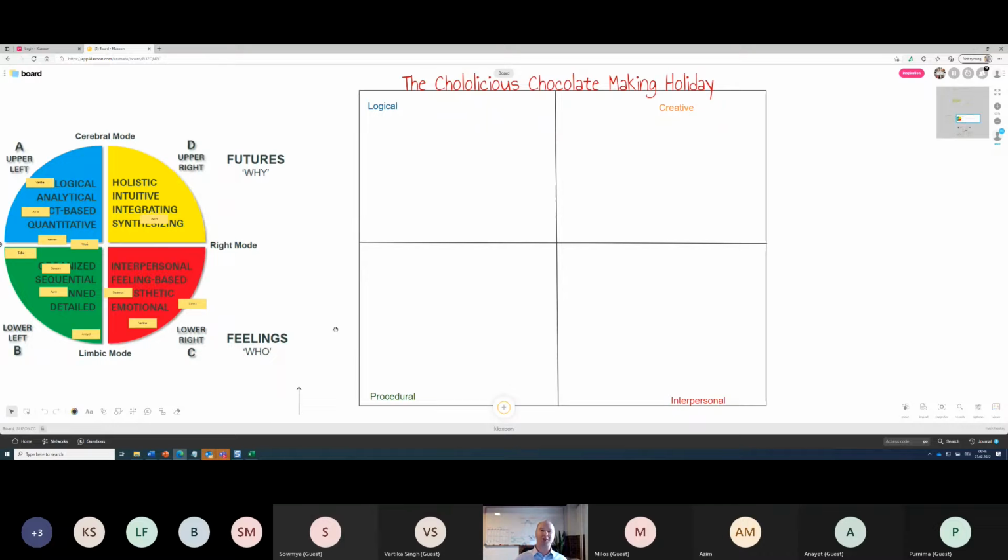The Chocolicious chocolate factory is launching a chocolate making holiday for people. It's a 2-day vacation where you can learn the beauty of molten chocolate and turning that into delightful, delicious, chocolicious chocolates. So we're going to make a holiday. We're going to do a sales pitch for our holiday.